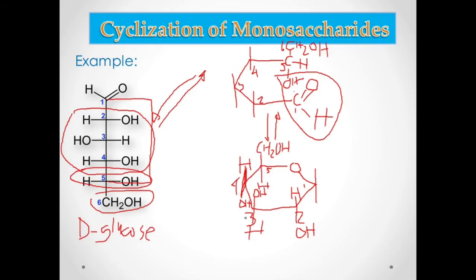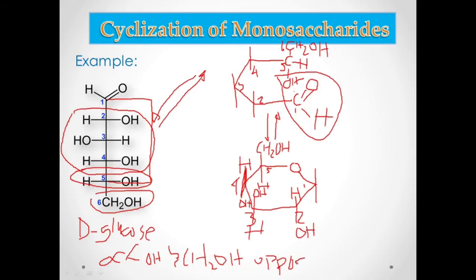We can say that this anomer is an alpha if the OH in carbon number 1 and the CH2OH in carbon number 5 are on the opposite side.